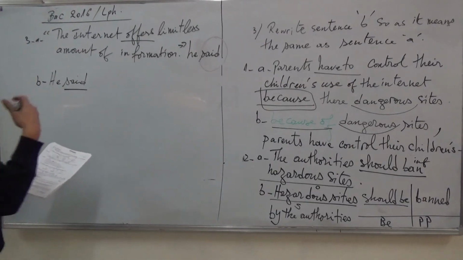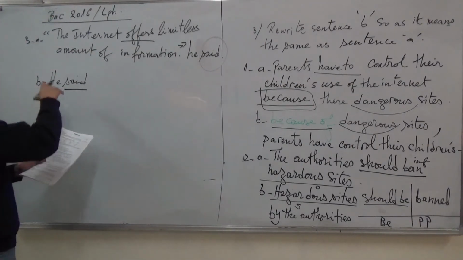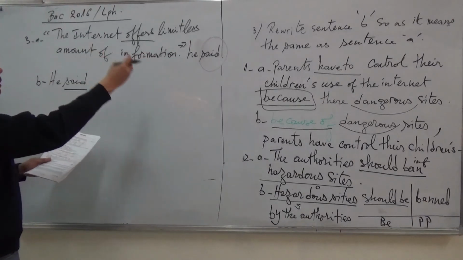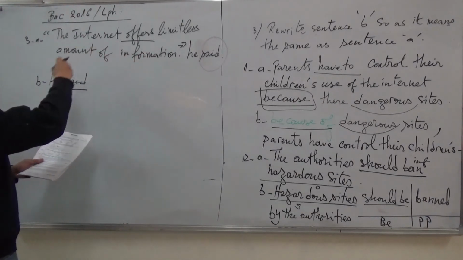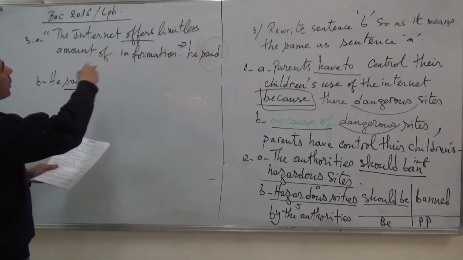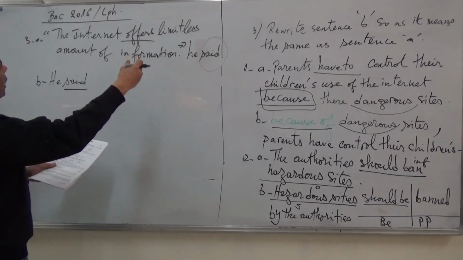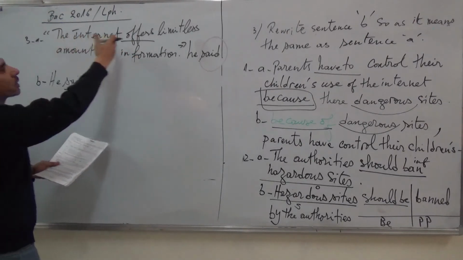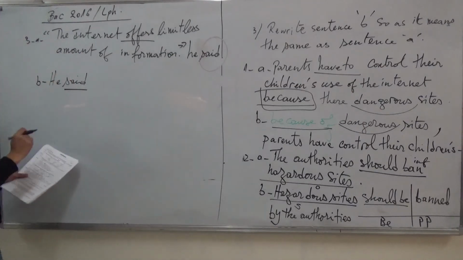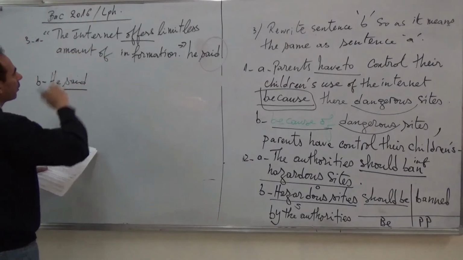So, are there any other elements I should change? For example, personal pronouns, possessive pronouns, indicators of time, etc. No, we don't have any here. So it's not very difficult. We have only one element to change.